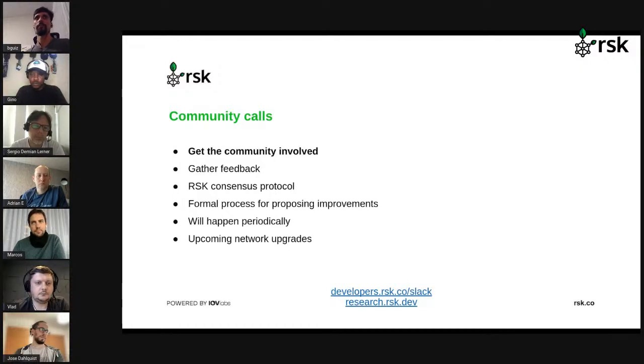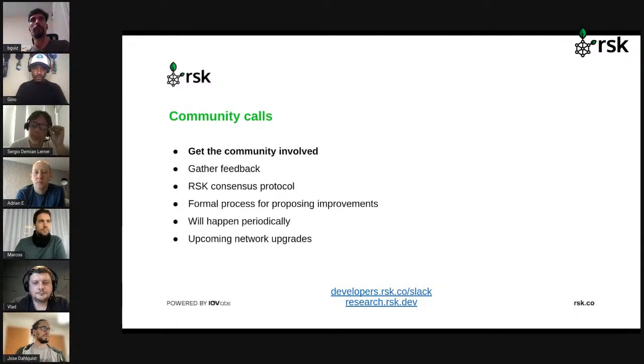As mentioned before, the RSK IPs are a formal process for proposing improvements to the RSK protocol, and as the network grows, more and more things will be discovered. There will be more new research, etc. And so the idea is to keep improving all the time, and these calls are sort of a drumbeat to keep that information and distribute it to all of you, our community.